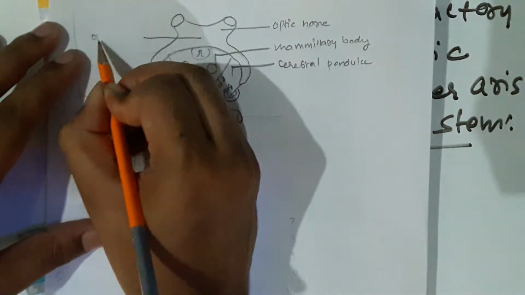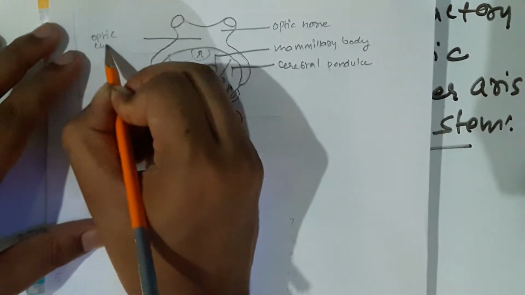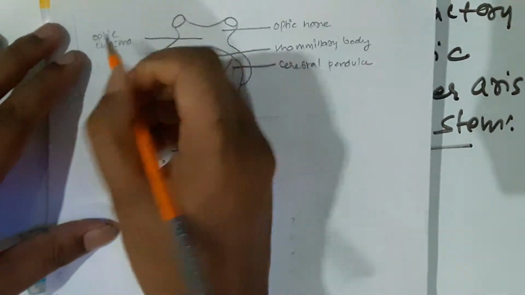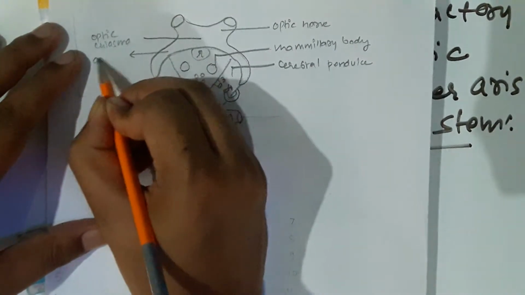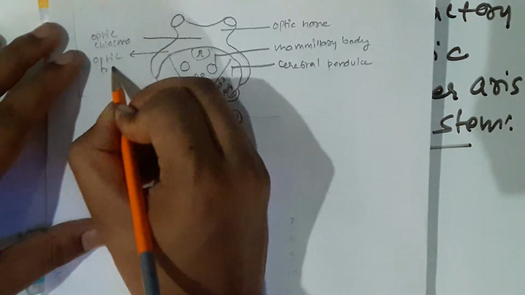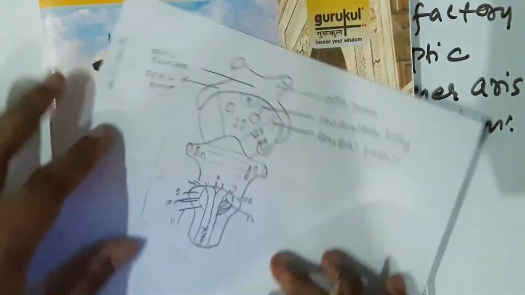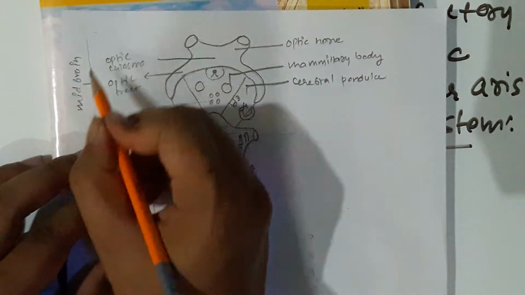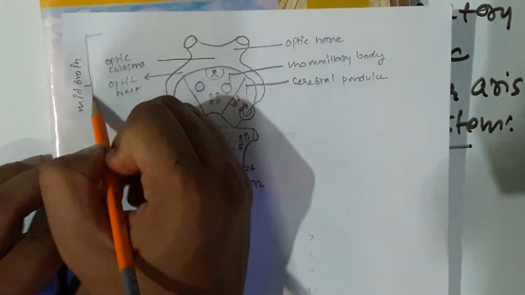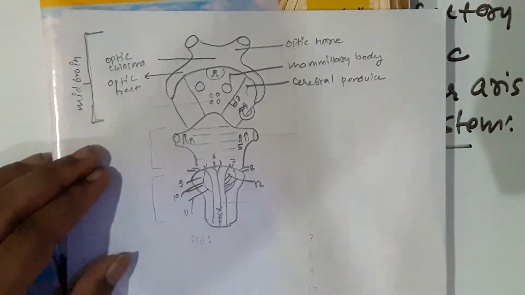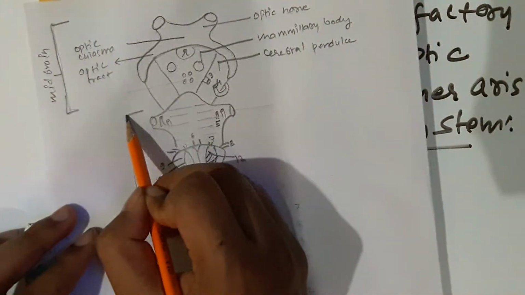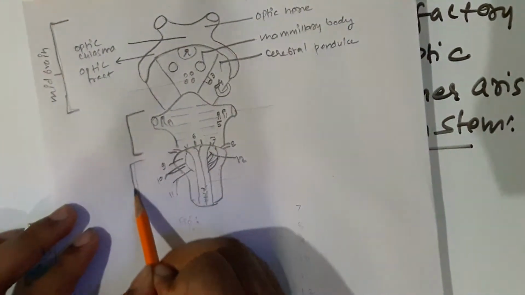This is the optic chiasma. This is the optic tract, and this part is the midbrain, extending from this part. This is the pons, and this is the medulla.